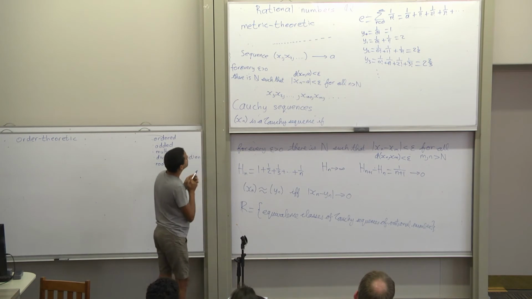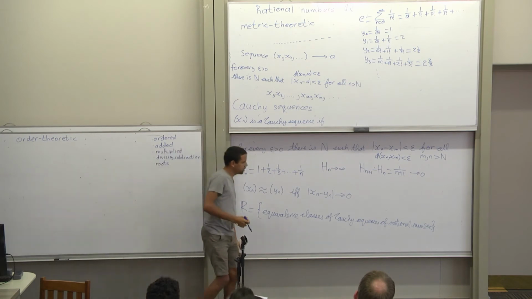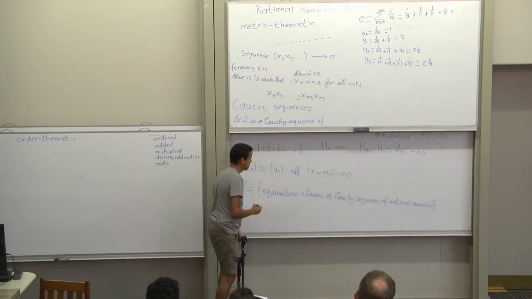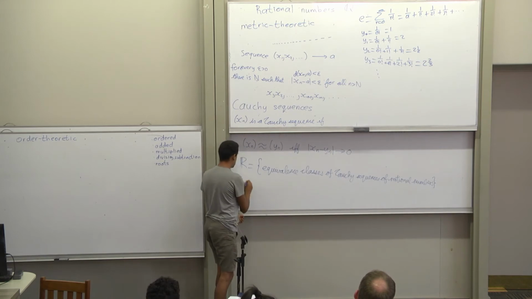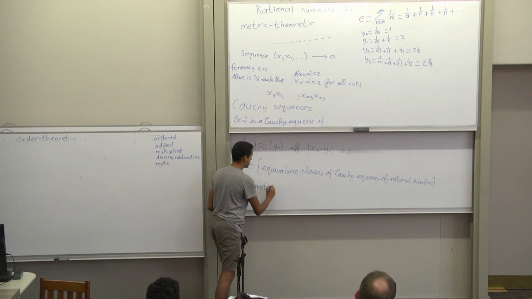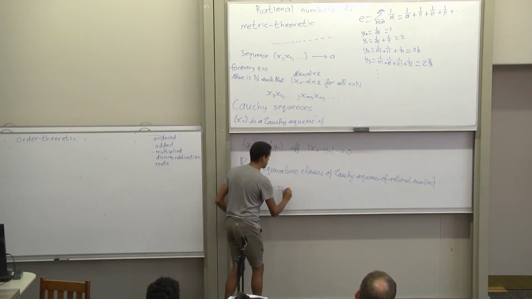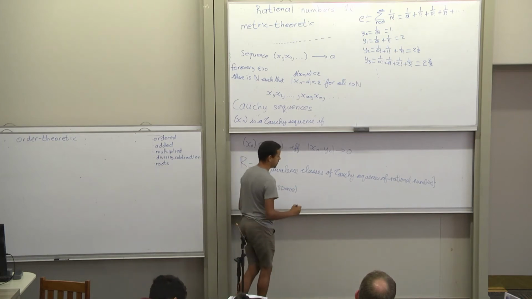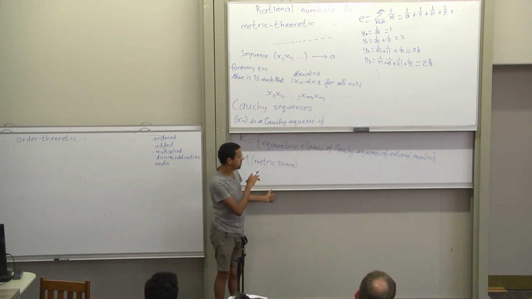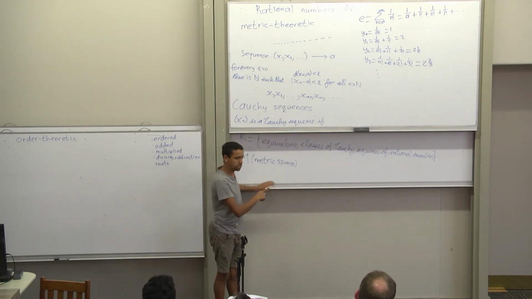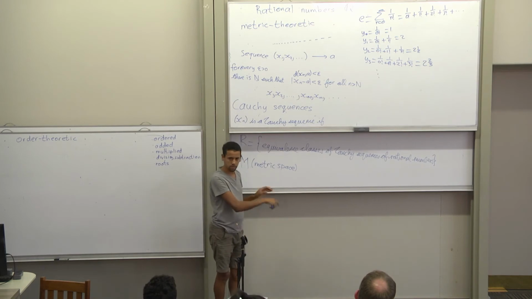In fact, if you have a metric space, let's say M, you can, for any metric space, define what a Cauchy sequence is by that definition that we had earlier.